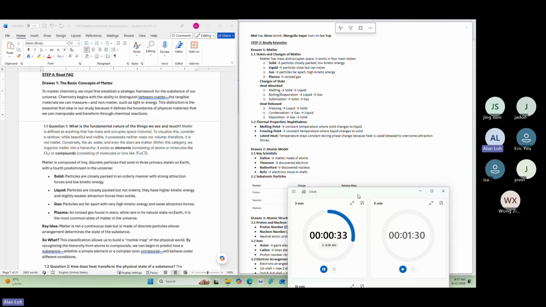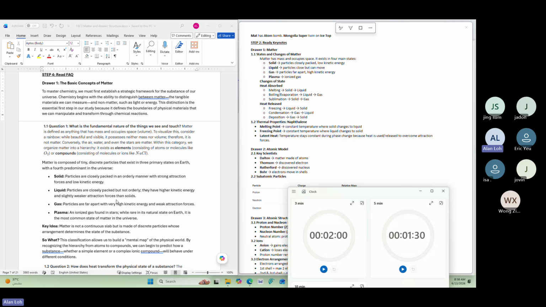Okay, 30 seconds. Ten more seconds. This should increase your level from 3 to 3.5 for drawer 1.